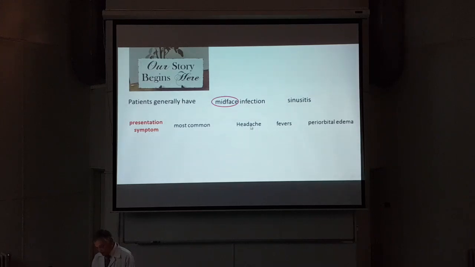Headache and fever can happen with many things, but periorbital edema is pointing to something. And cranial nerve signs. You know what are cranial nerve signs? Change position of the eyeball. So periorbital edema and cranial nerve signs are very indicative of cavernous sinus thrombosis. Some cases present with only focal cranial nerve abnormality.